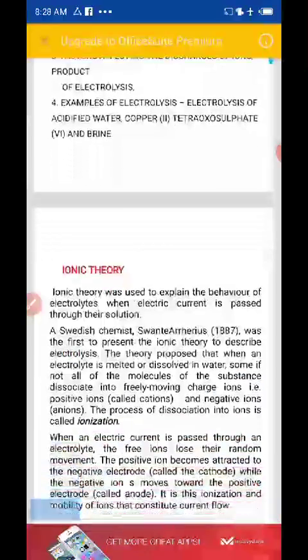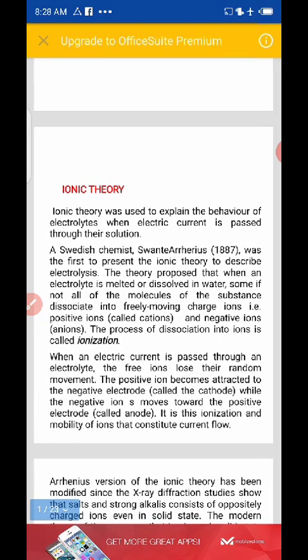Now, ionic theory. Let's quickly talk about it. Ionic theory was used to explain the behavior of electrolytes when electric current is passed through their solution. A Swedish chemist called Svante Arrhenius in 1887 was the first person to present the ionic theory to describe electrolysis.